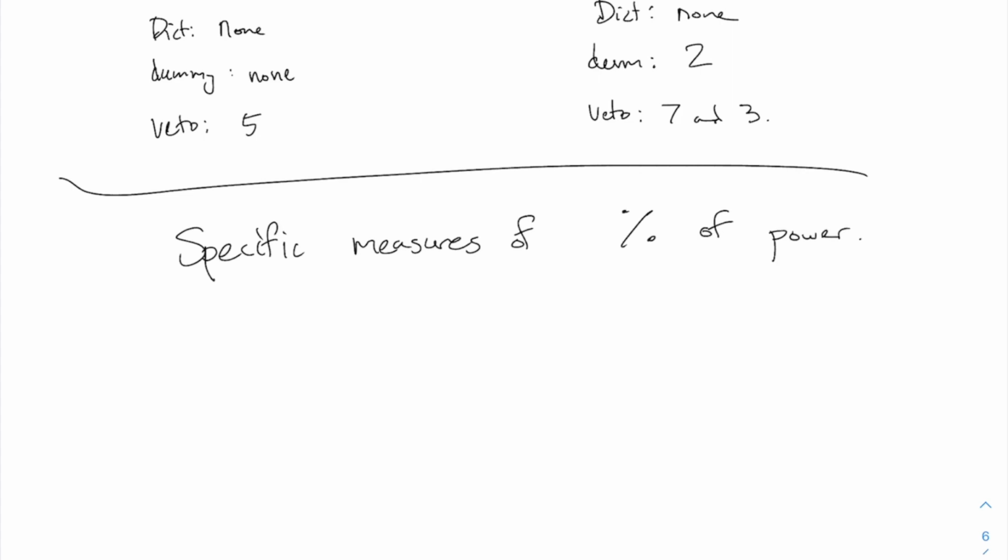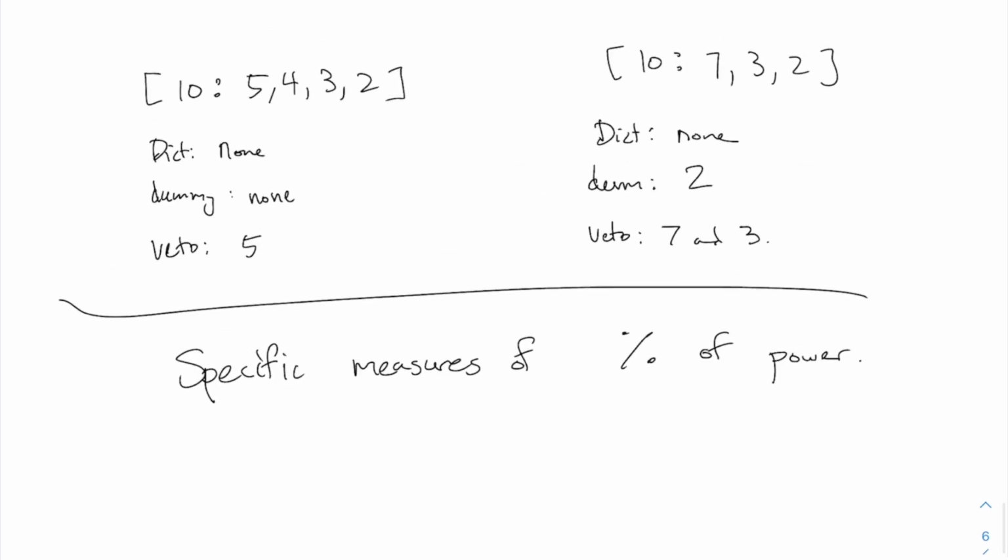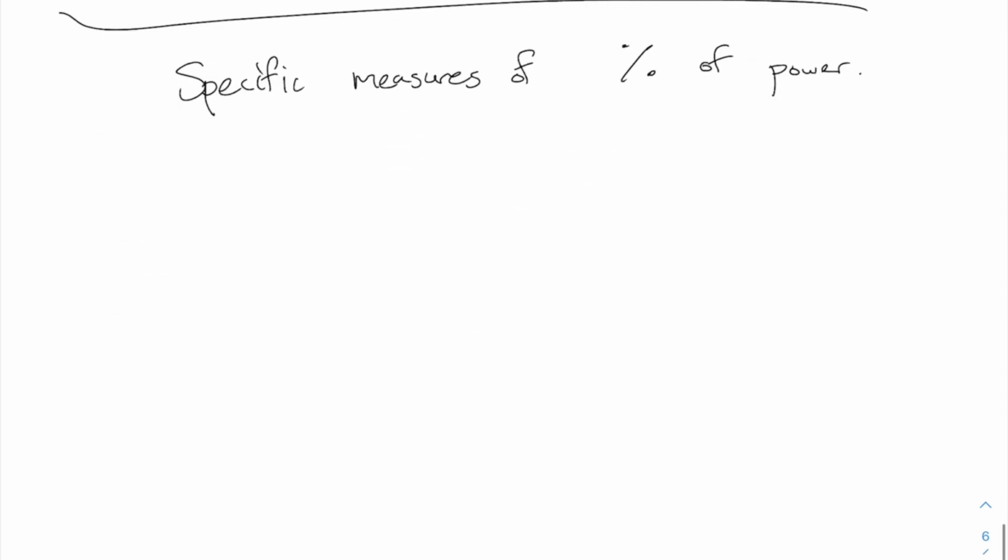That would be the ultimate way of analyzing this. If you could just look at these numbers and say, maybe the 5 in this example, I'm just making this up, maybe the 5 has like 50% of the power. Maybe the 4 and the 3 have 25% each and the 2 has 0%. Something like that. That would be the ideal way of producing an analysis of these systems. Specific measures of percentages of power.